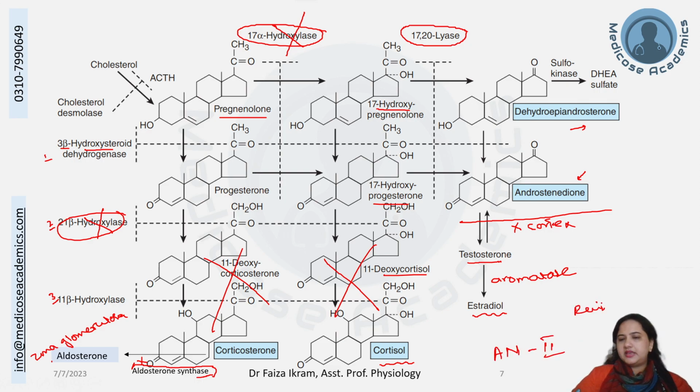Renin, angiotensin 1, angiotensin 2, and that angiotensin 2 then leads to stimulation of aldosterone production. So aldosterone is enhanced and stimulated by angiotensin 2.